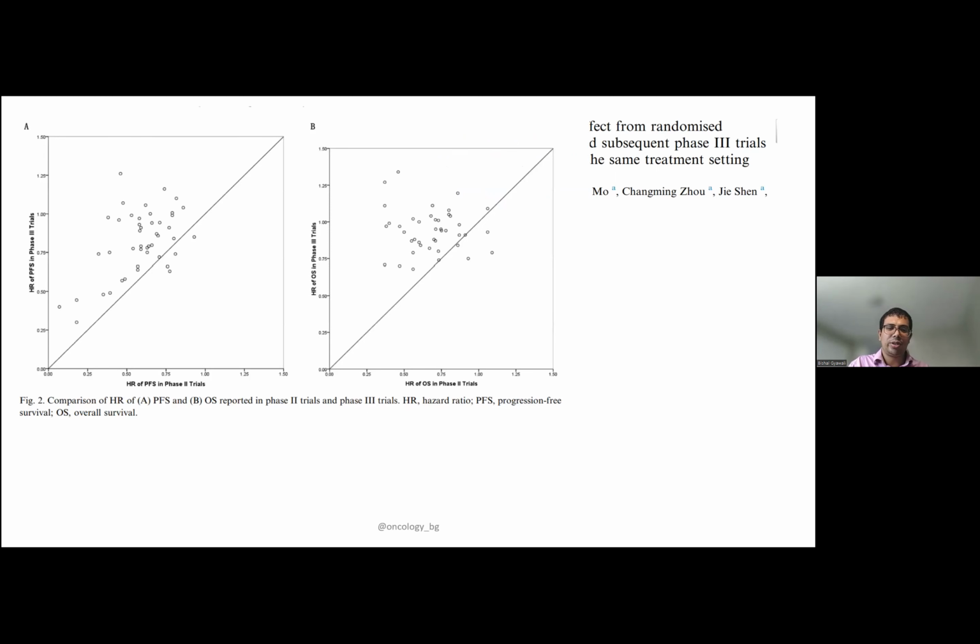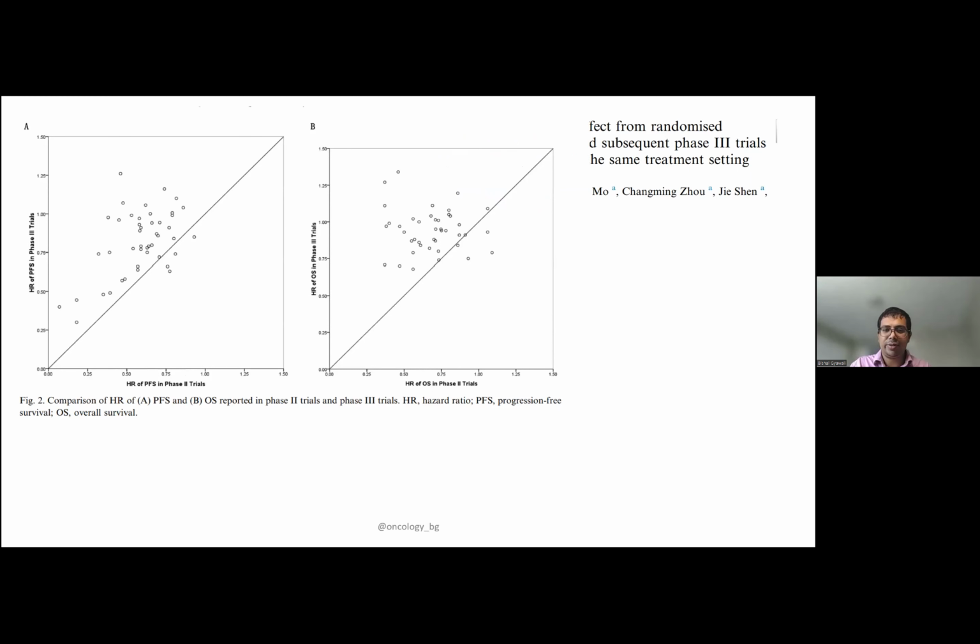And this study actually shows why we should not rely on randomized phase 2. Although it is randomized, we should be doing phase 3 and not rely totally on randomized phase 2, because this study shows that the treatment effects are falsely exaggerated in phase 2.